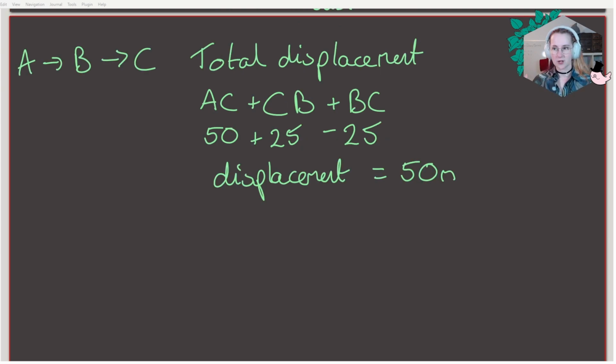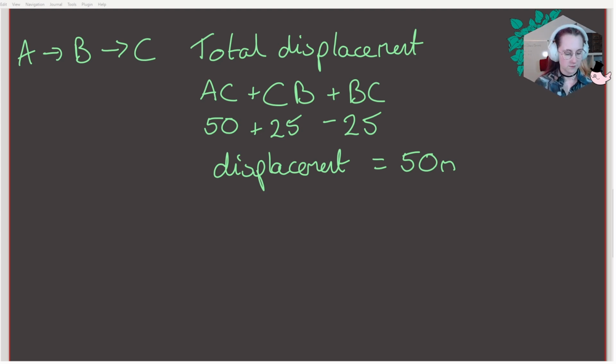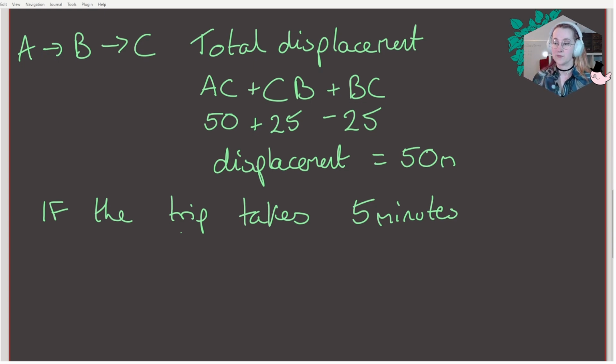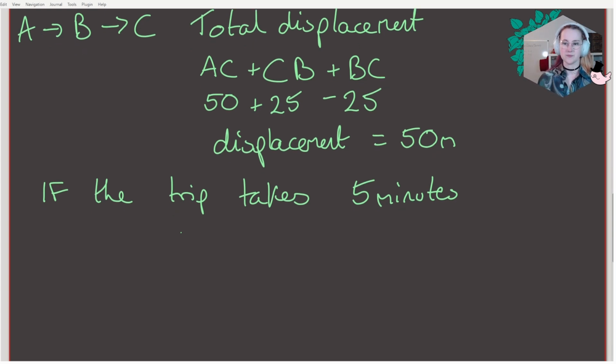Yeah, so that's our total displacement. If we have a walking speed, no, the other way around. So if the trip takes 5 minutes, we can then work out our speed and our total velocity. Again, they relate to our total displacement and our total distance. The other way around.